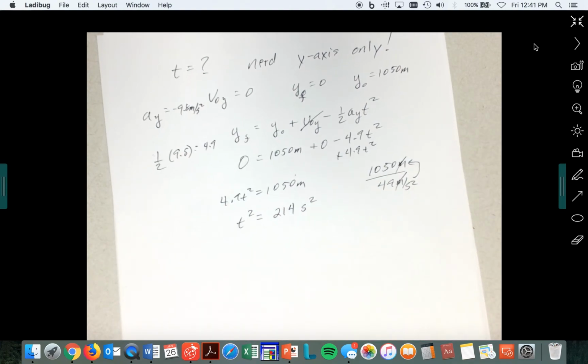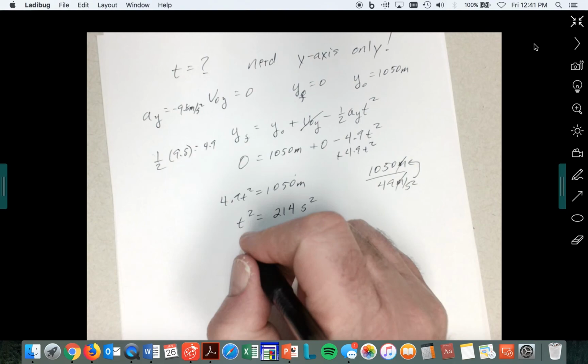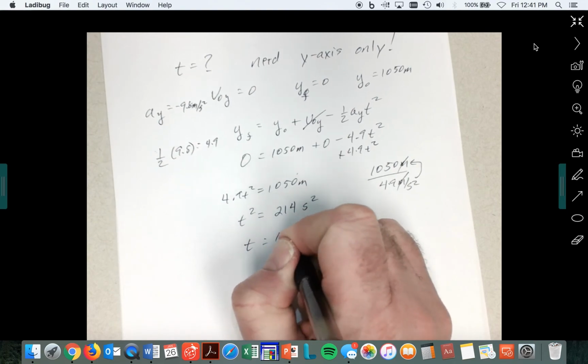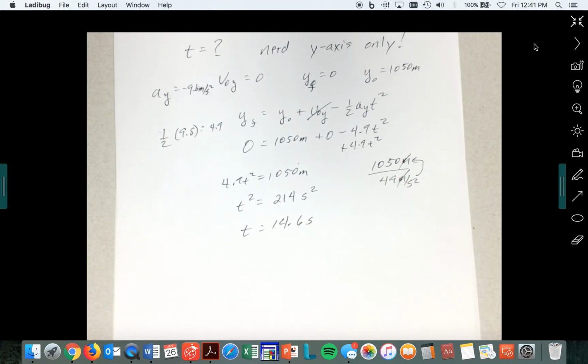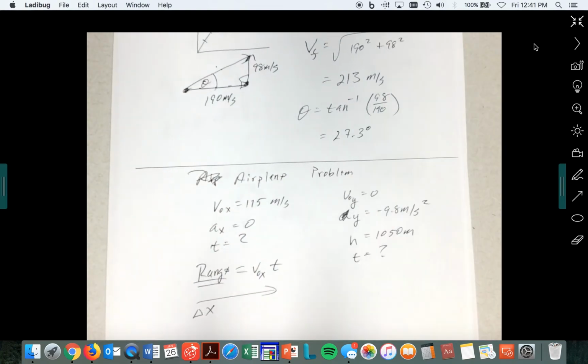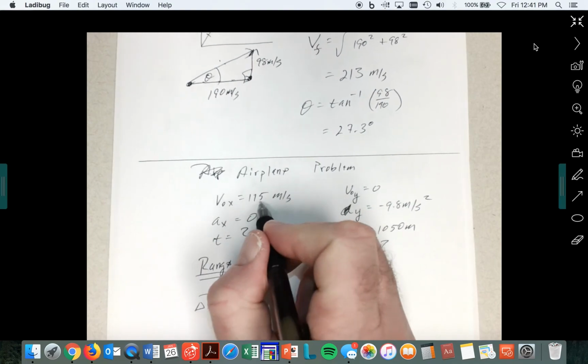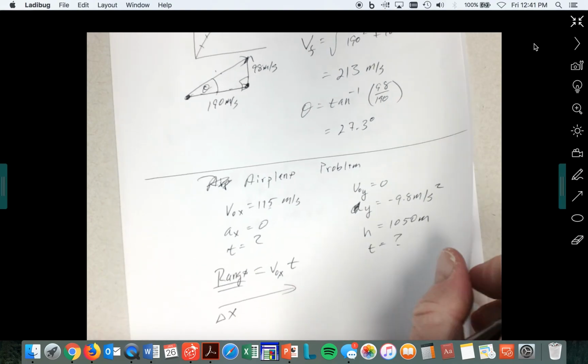Take the square root of both sides: 14.6. There you go. That's how long it is in the air. Now, let's go back here. Look, the range, v naught x, I can find the range.